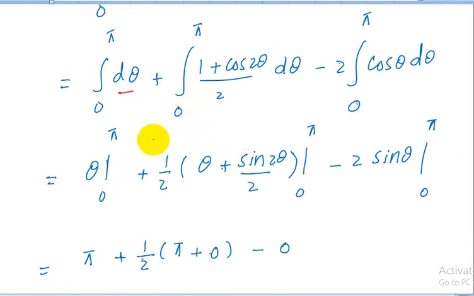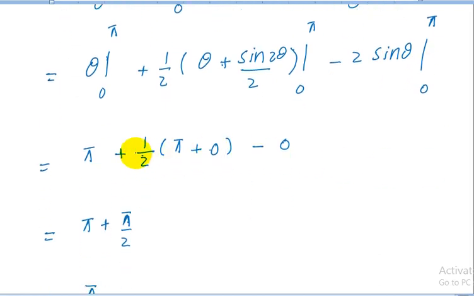The integration of d theta is theta. 1 plus cos 2 theta can be written as 1 upon 2 times the integration of d theta, which is theta, and the integration of cos 2 theta is sin 2 theta upon 2, and the integration of cos theta is sin theta. Then putting in the limits, it becomes pi minus 0, which is pi, times 1 upon 2.